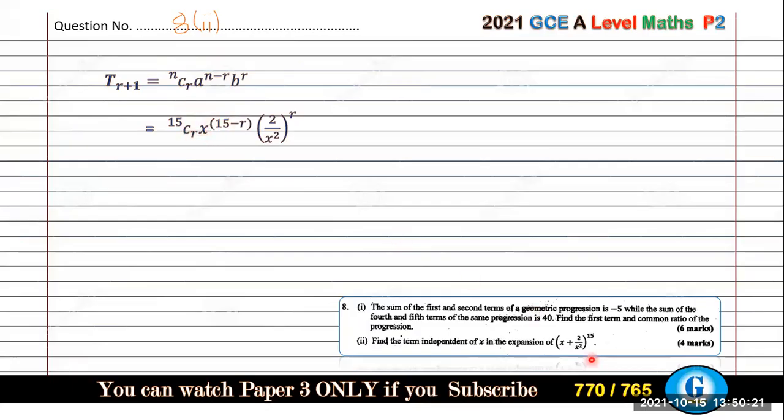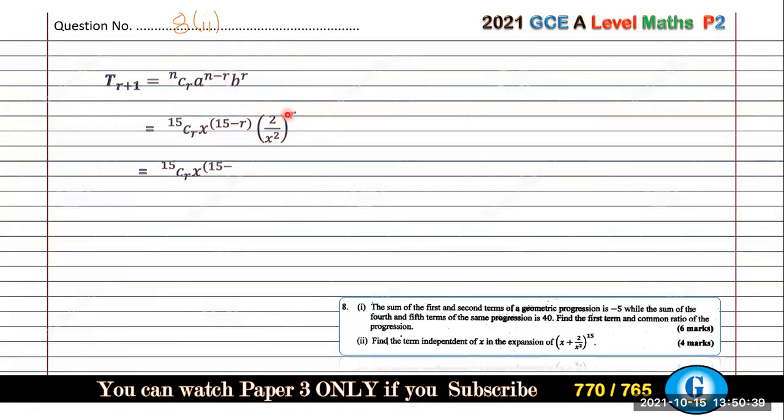Our a here, this first part, is x, so we are using it as our a. So we have x to the power 15 minus r. And our b here is 2 over x squared. So we have 2 over x squared to the power r. So this is what we have.